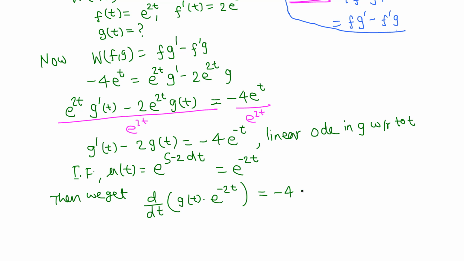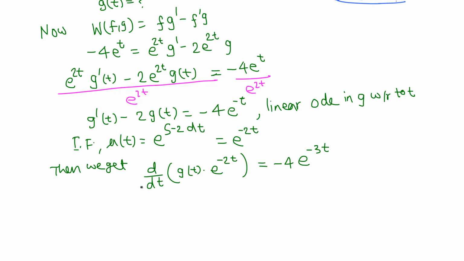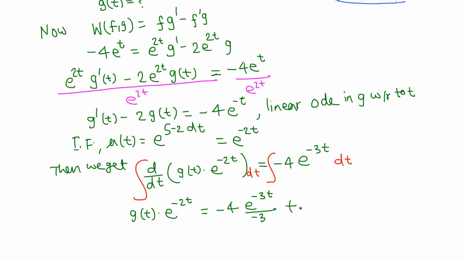When we multiply we add the exponents, -t, -2t, -3t. Now integrate both sides with respect to t. Then the dt cancels, giving the function g(t) times e raised to -2t, and the right hand side is -4 times the antiderivative of e raised to -3t, the exponential function itself divided by the coefficient -3, plus some constant of integration c.